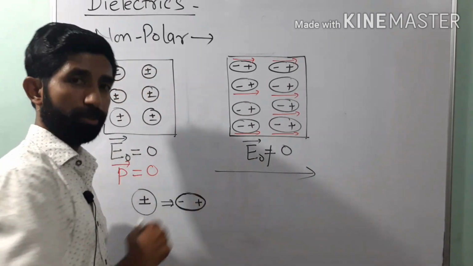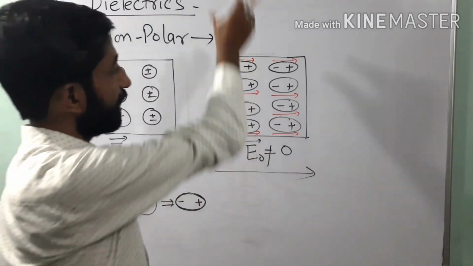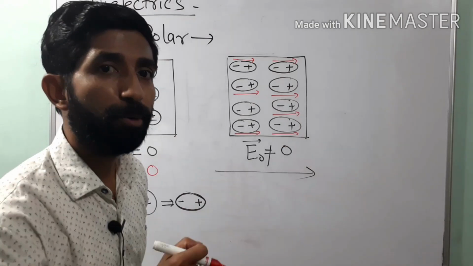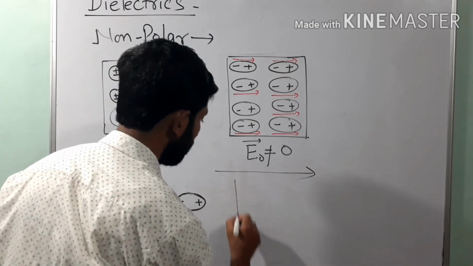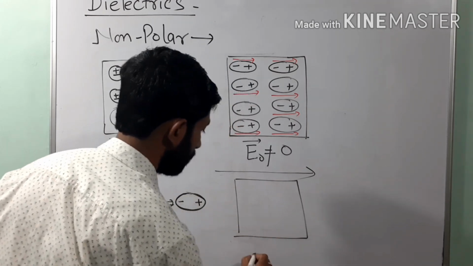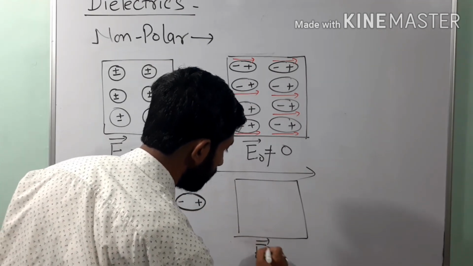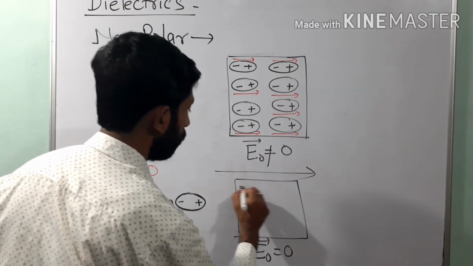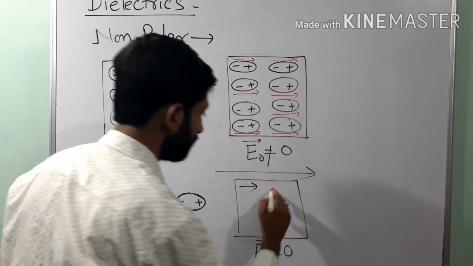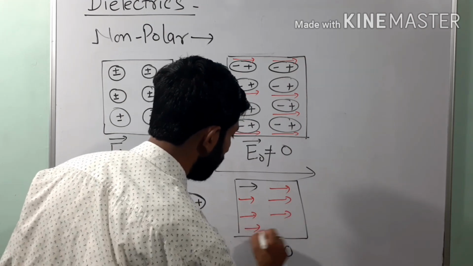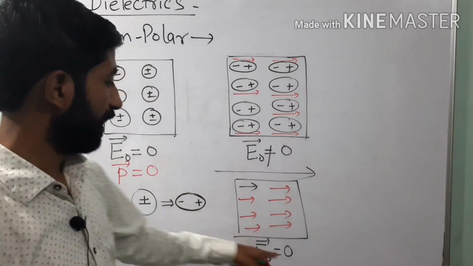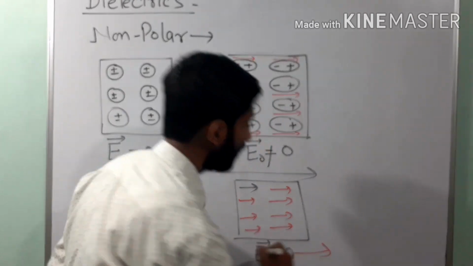So each and every molecule has got its own dipole moment. The next picture is very clear. In the presence of the external electric field, all the dipole moments are now formed and they are aligned in the direction of the applied electric field.